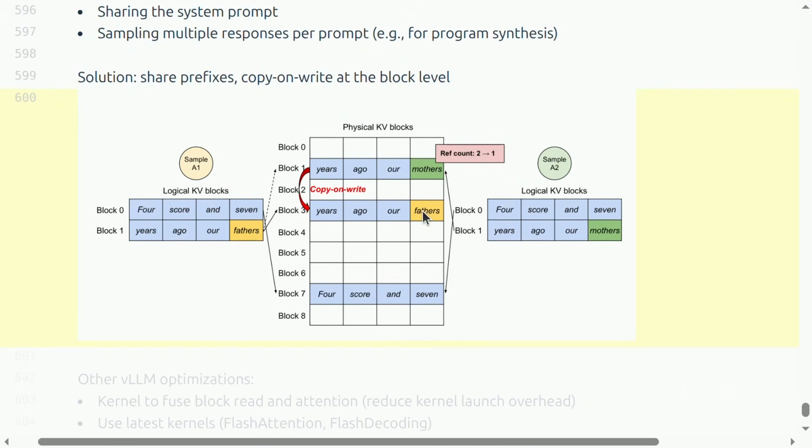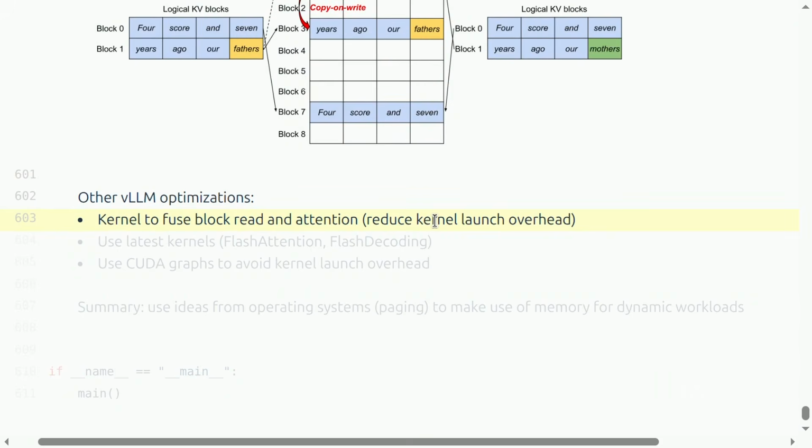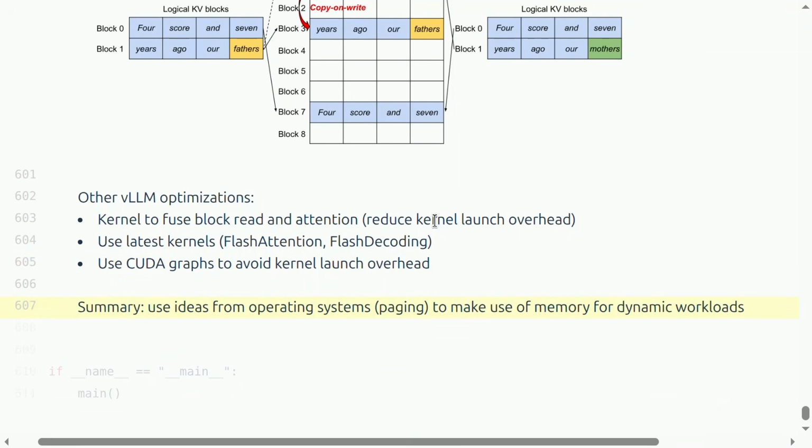But if they sample different tokens, you split a block, and then you can continue there. So you're basically sharing as much of the prefix cache as you can. There's a bunch of other optimizations like kernels that I'm not going to have time to go over. But the general idea is that you're using these operating systems metaphors to manage your inference.